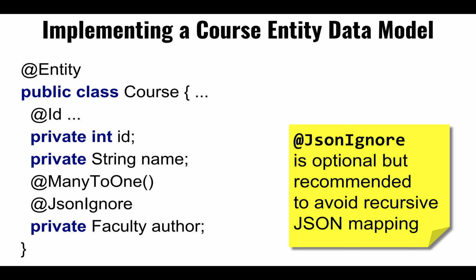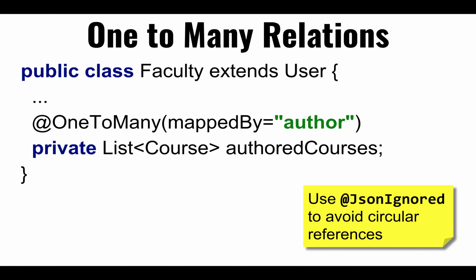Here, notice that we have the risk of entering a cycle, right? Notice that when we are converting the faculty, it is going to return as a faculty instance. And the authored courses is going to return as an array of courses.